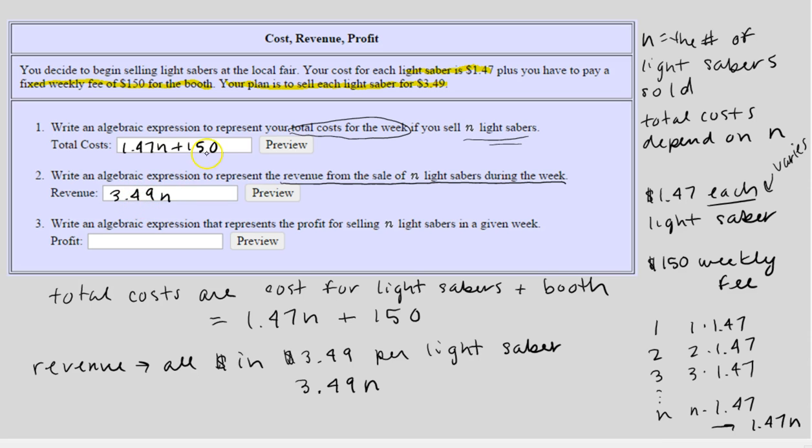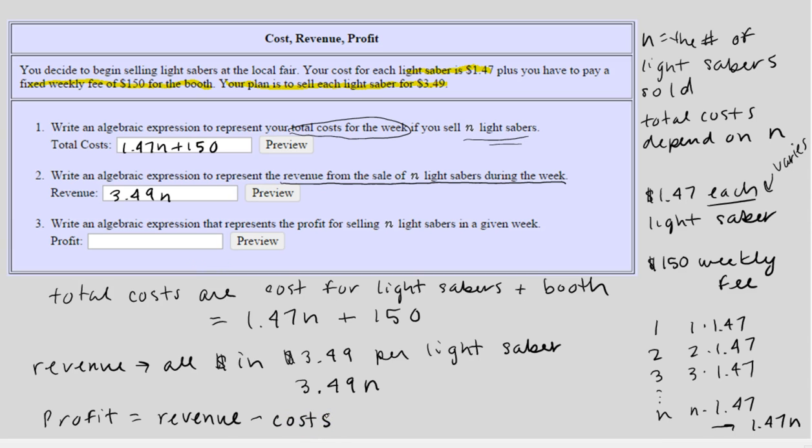But you'd still have to give the $150 for the booth, and it would still cost you $1.47. So that's where the idea of profit comes in, because you don't get to really keep all of the revenue because you do have costs involved that you have to pay. So the profit would be how much you make, which is your revenue, and then you'd have to subtract off any costs.